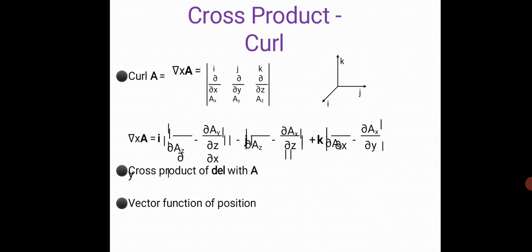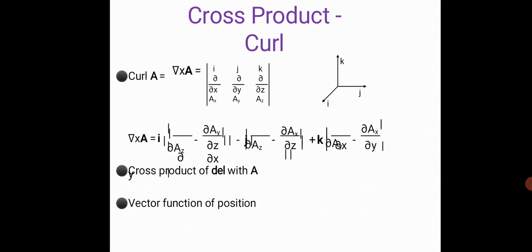Next is the cross product. The cross product is nothing but the curl. Here we involve the del operator, which is del cross A, in the three-coordinate system, that is i, j, k, in the Cartesian coordinate system. We have three axes i, j, k, and again we do partial differentiation with respect to x, y and z, and we write Ax, Ay and Az.